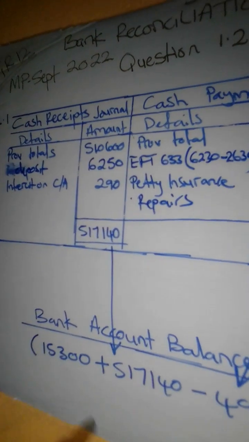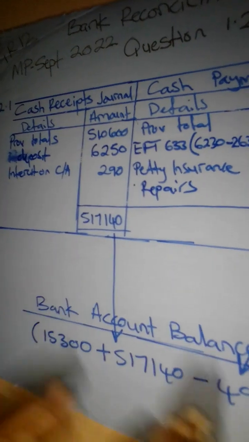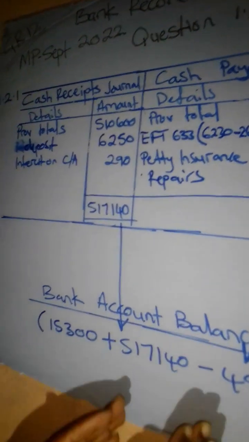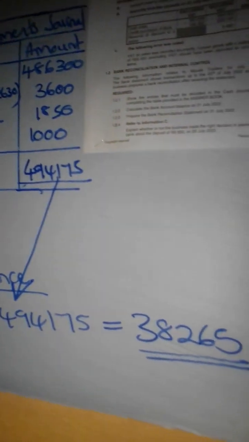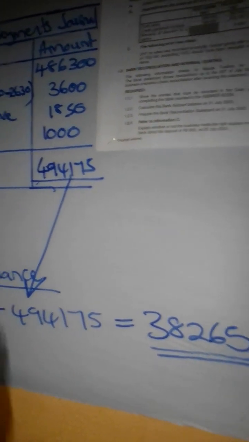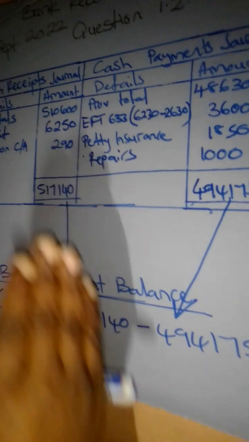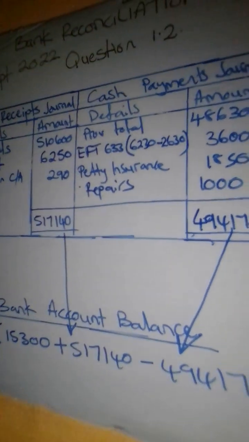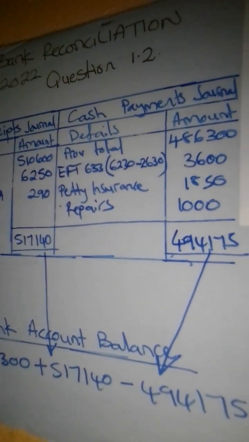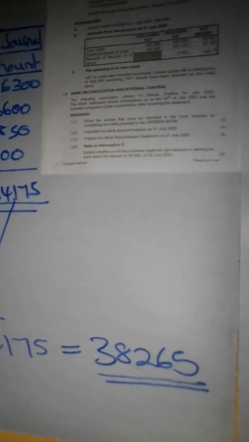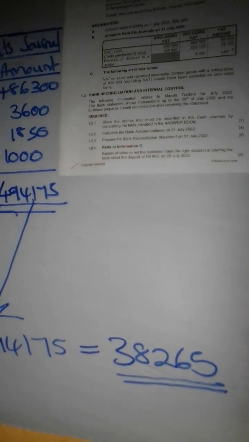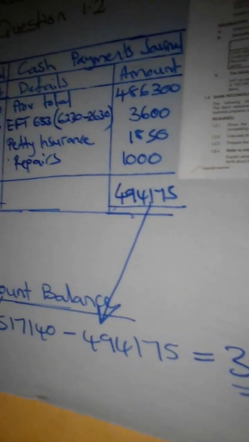You can also do a T account. Remember, when you do a T account, it's a bank account whereby on the debit side you record your opening balance and the total receipts. On the credit side, you only record the total payments, and then you also get the same balance, and the balance BD will appear on the debit side to mean that we are also having a debit balance as per bank account.